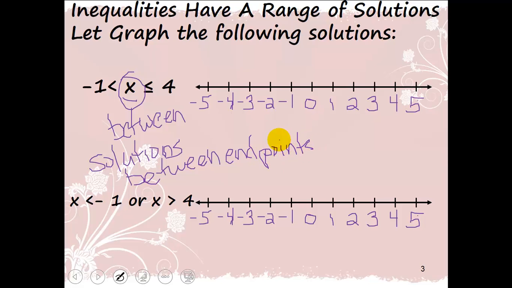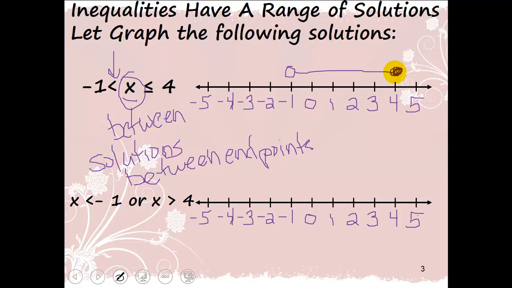So I have -1, and that's an open circle because of this inequality symbol being less than, without the equal part. And then I have the 4. You learned how to graph this in Algebra 1. I'm just reviewing it. And you connect them with a line.